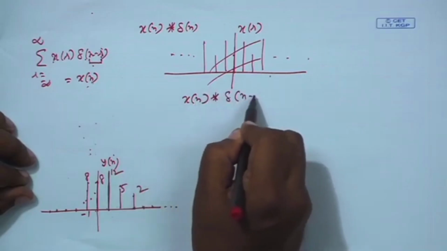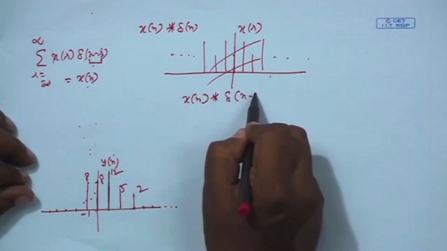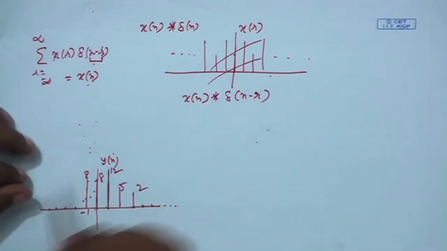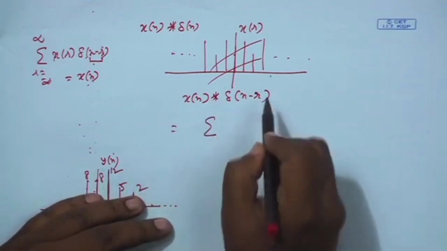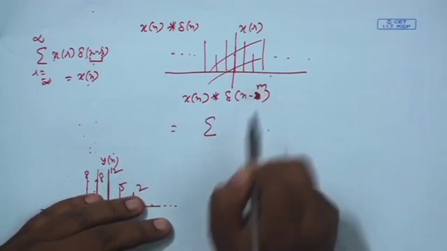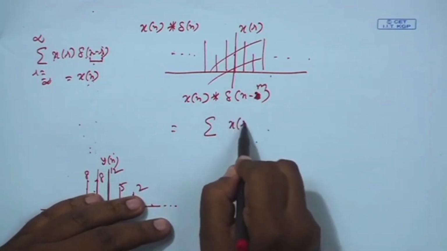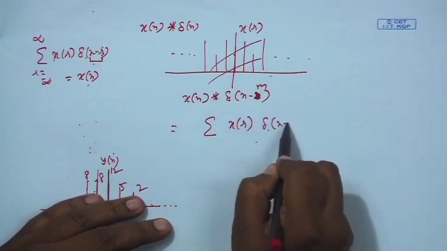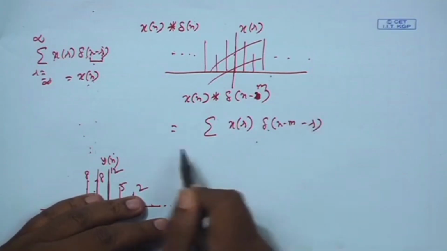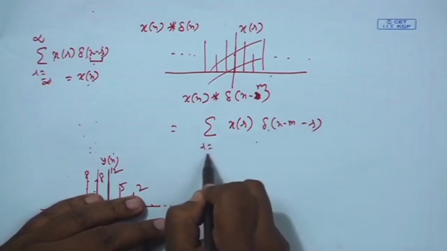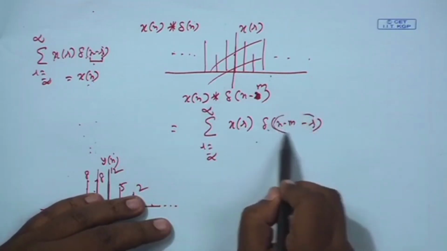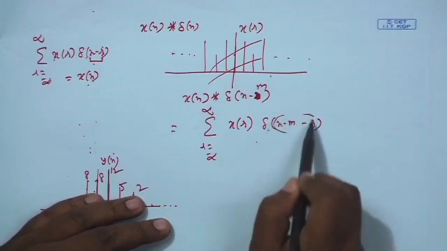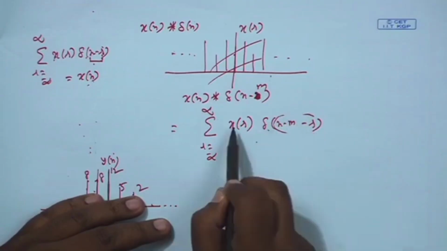If you convolve by, say, delta[n minus m], then what happens? You write the sum of x[r] delta[n minus m minus r], r equal to minus infinity to infinity. Here the argument should be such that it is 0, and only then this delta is 1.